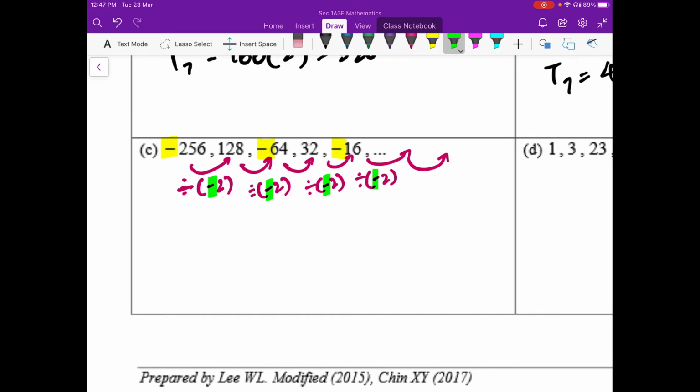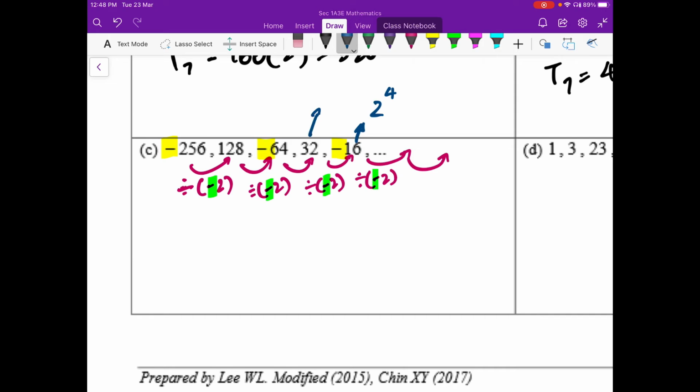Okay? Now, instead of saying divide by negative 2, you can also say multiply by negative half. They are the same thing. In addition, you can also look at this number 16, just the number 16, as 2 to the power of something. Okay, 2 to the power of what? 16 will be 2 to the power of 4.